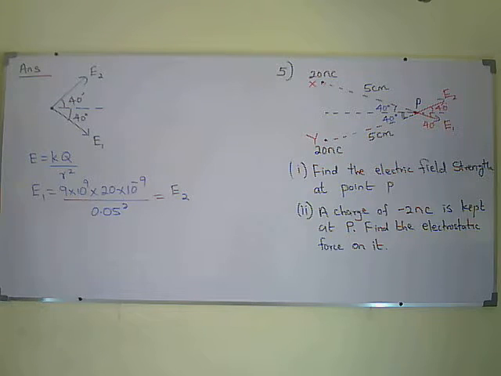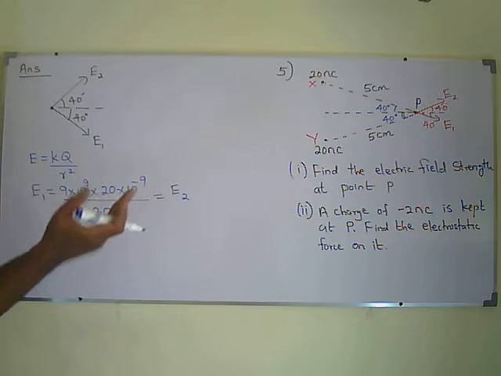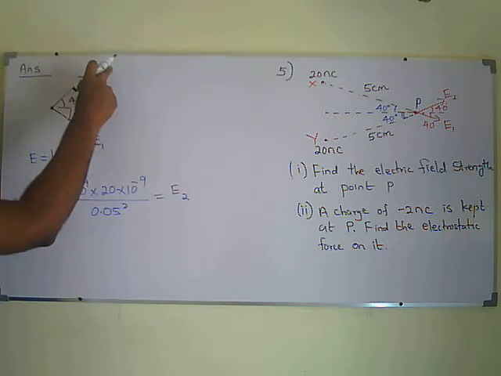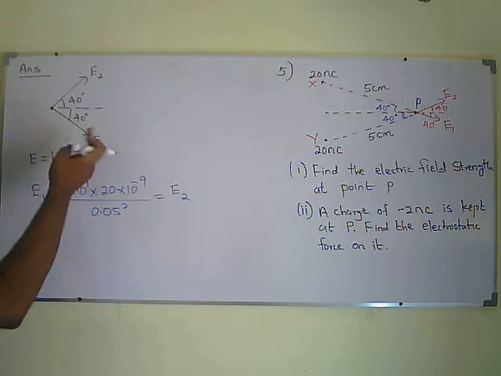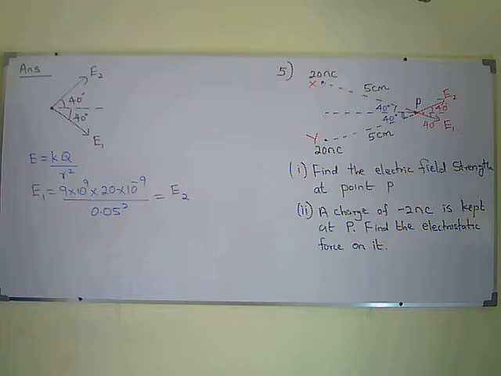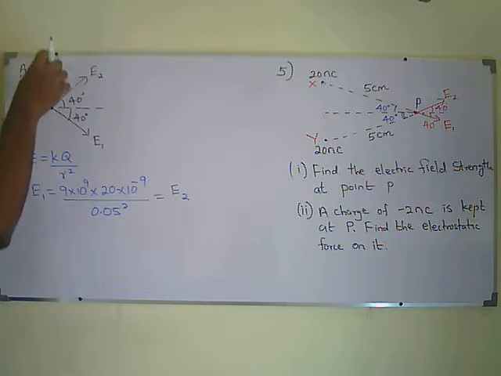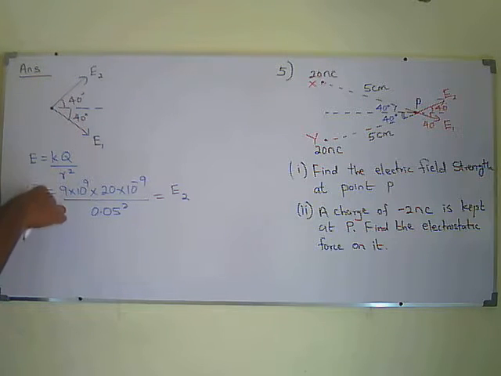So for the resultant electric field strength, I'm going to use the resolving vector concept of finding the resultant vector. To find the resultant vector, I should resolve both these vectors into horizontal direction and vertical direction. When I resolve them into the vertical direction, E2 sin 40 will be in the upward direction, and E1 sin 40 will be in the downward direction.